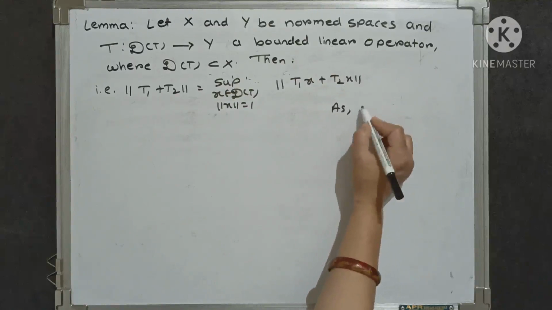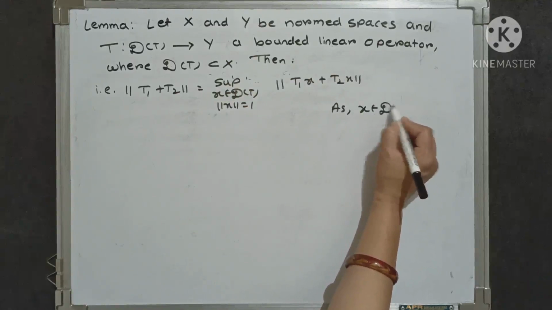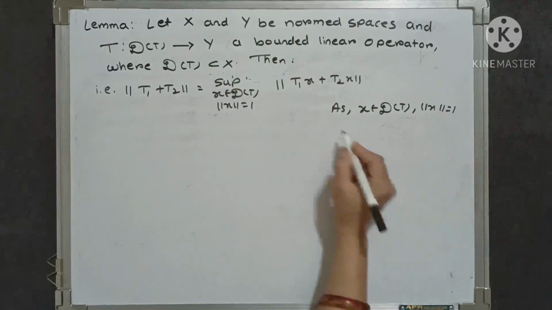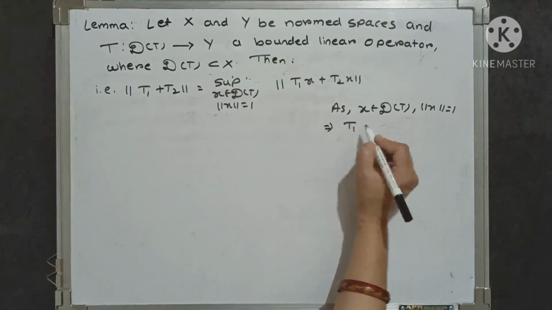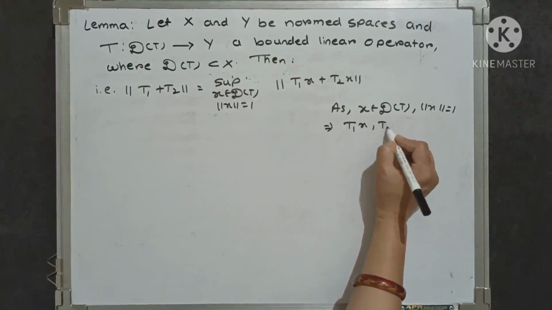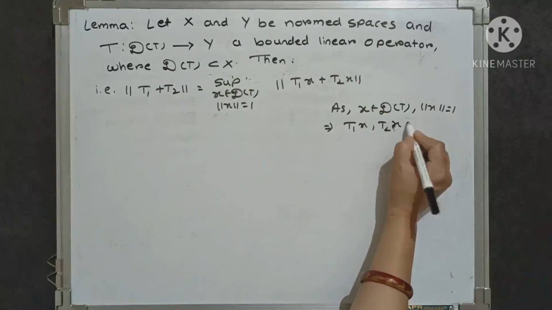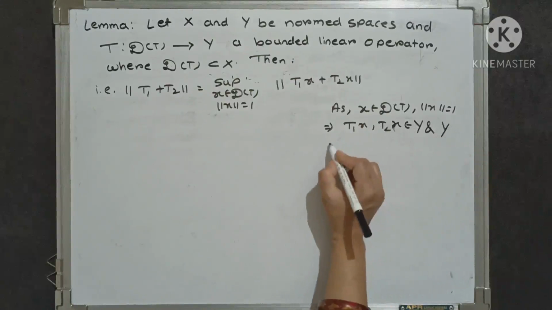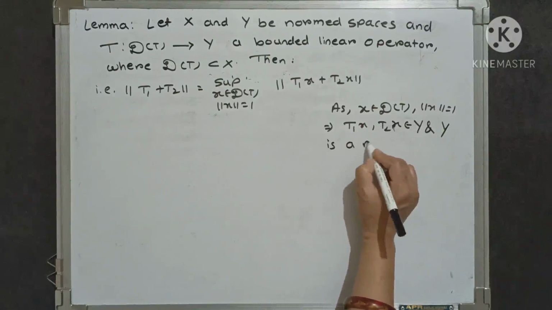As x belongs to D(T), norm of x equals 1 implies that T1x, T2x both are elements of Y, and capital Y is a norm space.